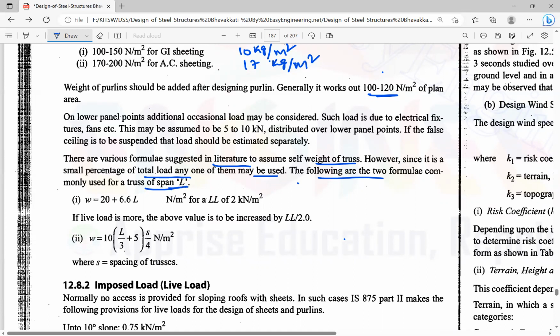If the span is L, then the total load depends upon the span: W is equal to 20 plus 6.6 L Newton per meter square for a live load of 2 kilonewton per meter square. If the live load is more than 2 kilonewton per meter square, then W is equal to 10 into L by 3 plus 5 S by 4 Newton per meter square.